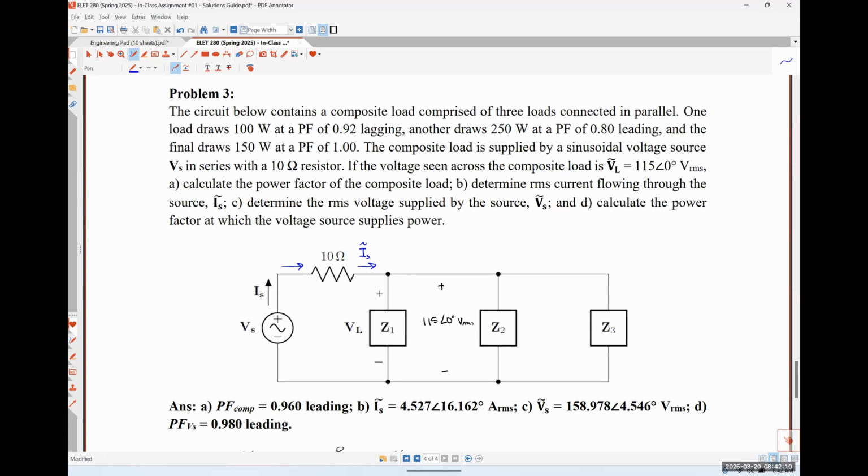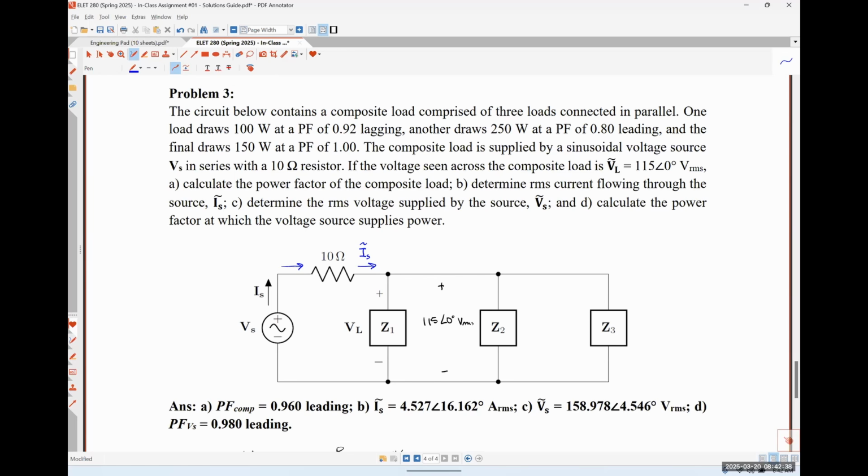So in order for us to calculate our current IS, there are two different ways that I can think of to do this. One is we could use the complex power for each individual load, solve for the current flowing through each load, and then add those currents together using Kirchhoff's current law to give us IS.